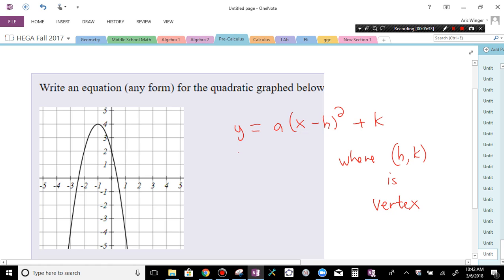So you can just look at the graph and find out what h and k are. Then we need one more point. h and k will be determined just from the vertex, and the only thing we need is a. You then investigate any other point on the graph to figure out what a is.